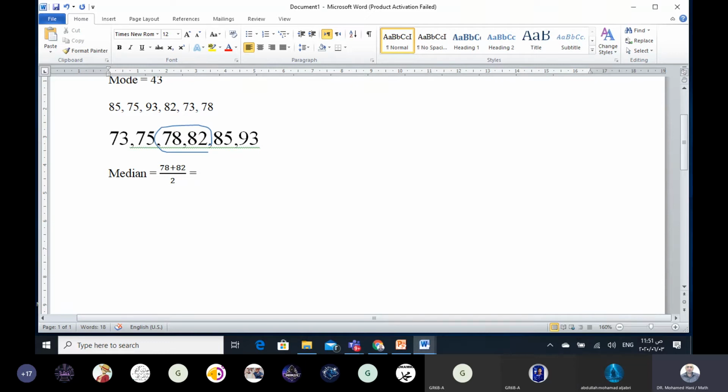So the answer will be 80. So the median will be 80. And the mode: no number is repeated, so none, or no mode. Okay.